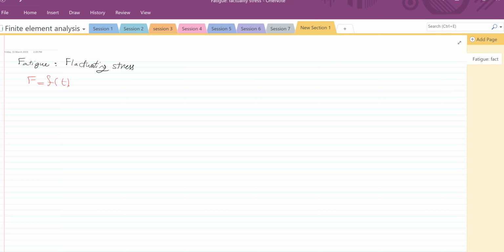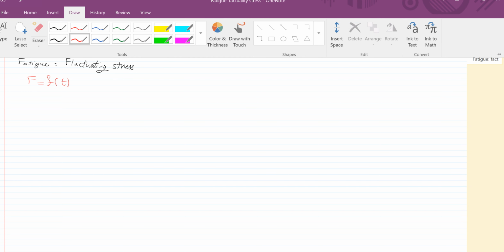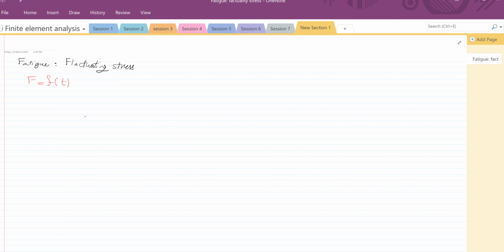If I draw a graph for force, this is time, and the y-axis is going to be force. This graph is going to be like this. So it changes by time. If force changes as time passes, we are going to have variable stresses.